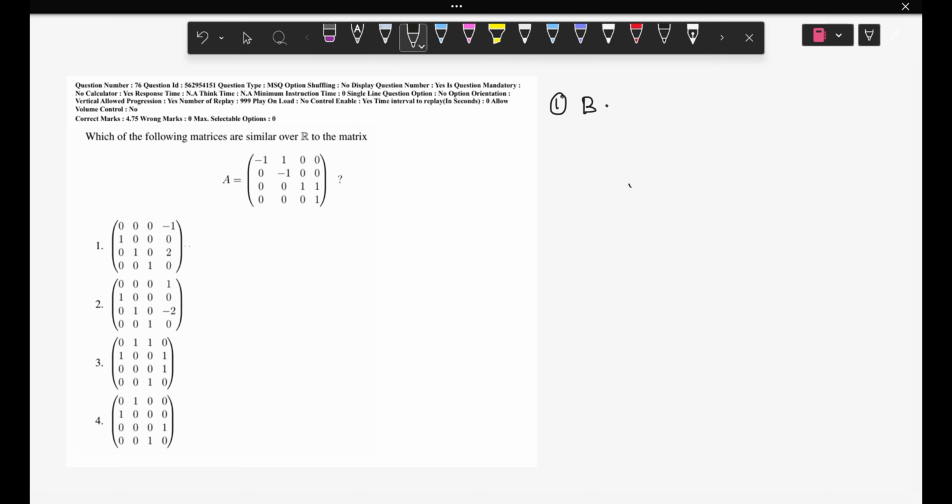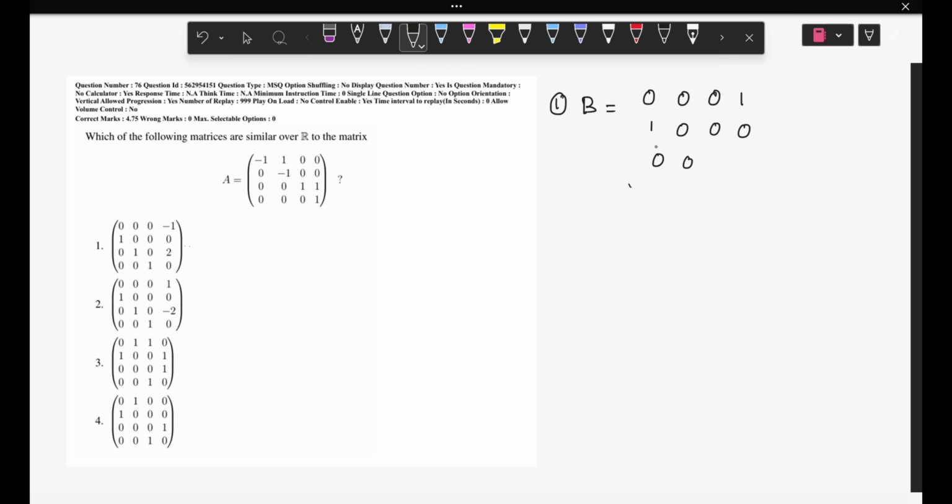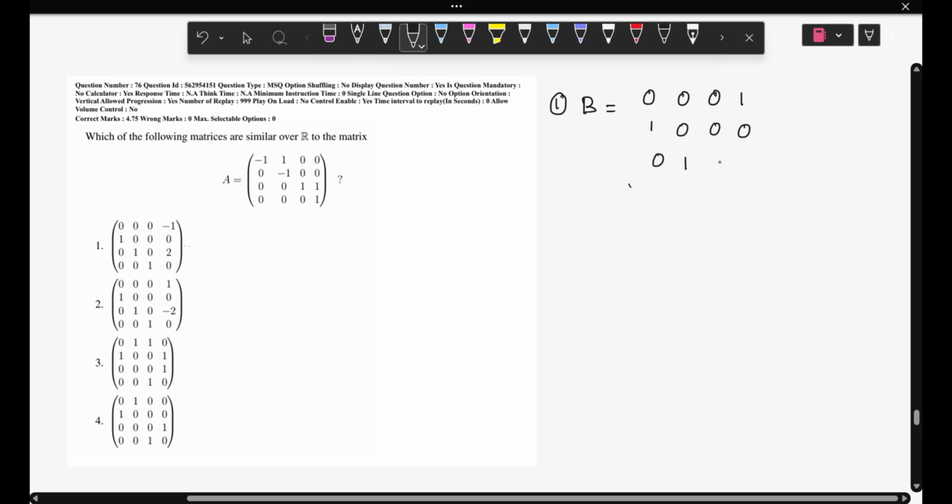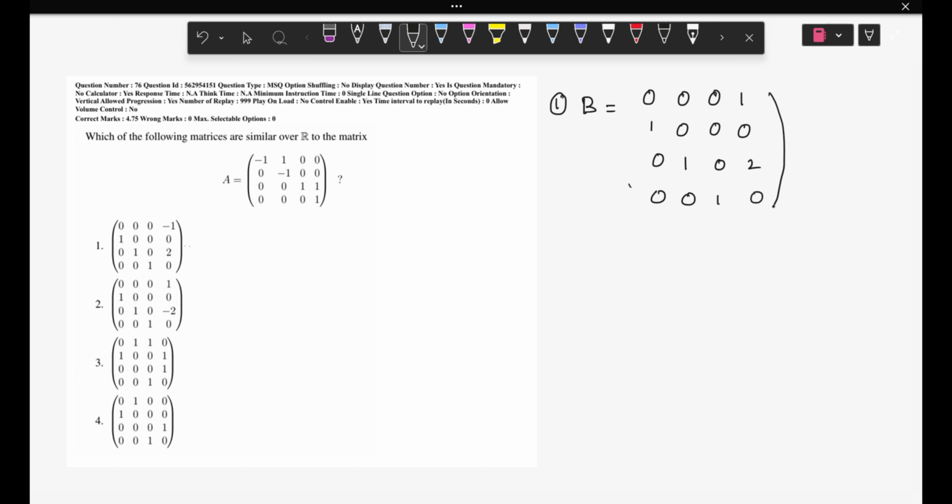So I'm considering this matrix as B. B is equal to 0 0 0 1, 1 0 0 0, 0 1 0 1, 0 2 and 0 0 1 0. This is minus 1. Okay, so this is what our matrix B is.